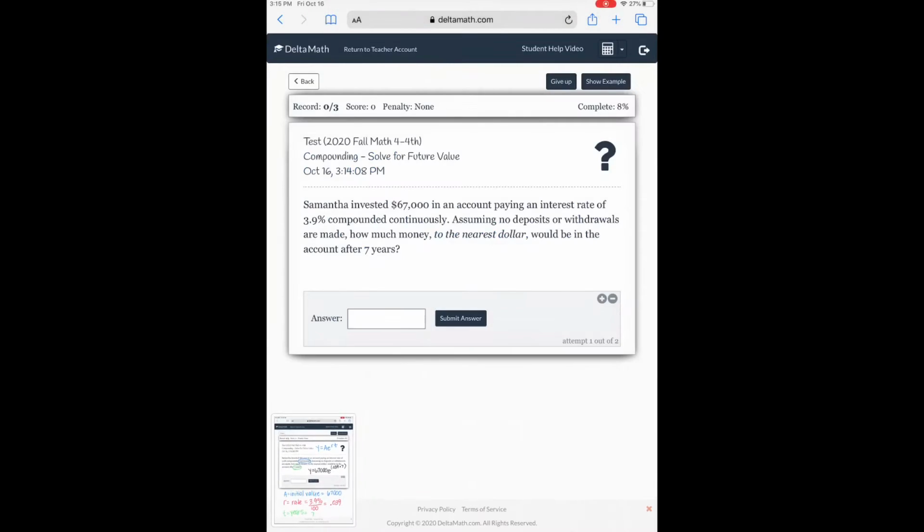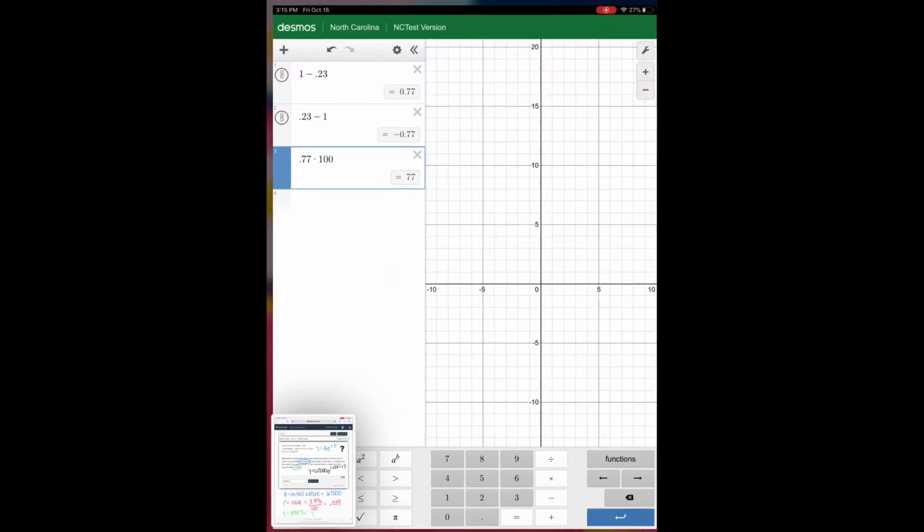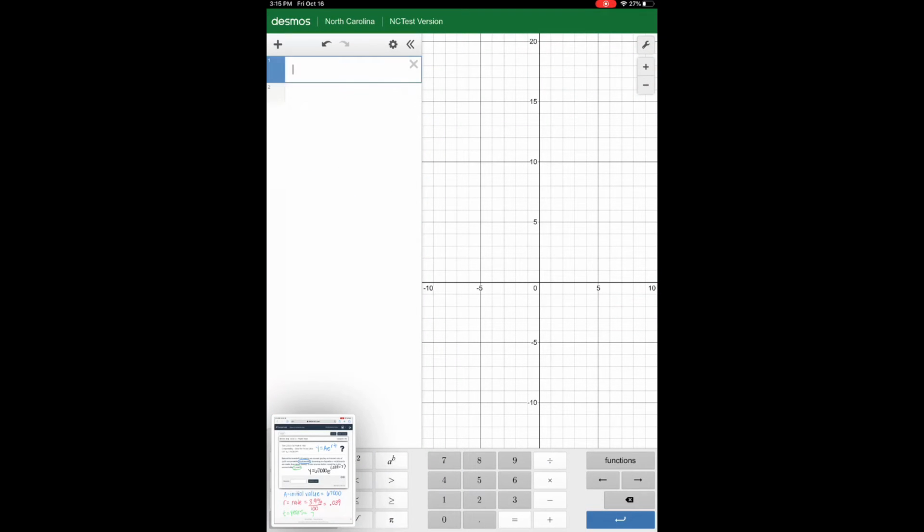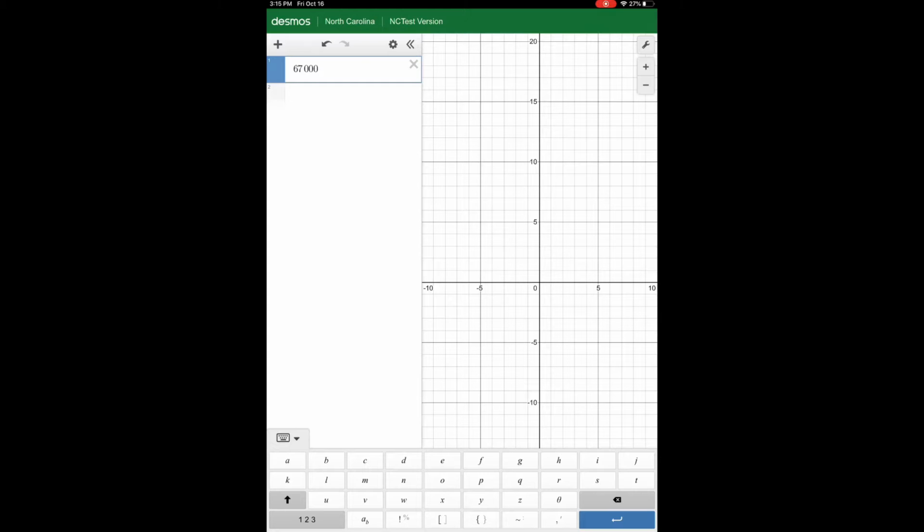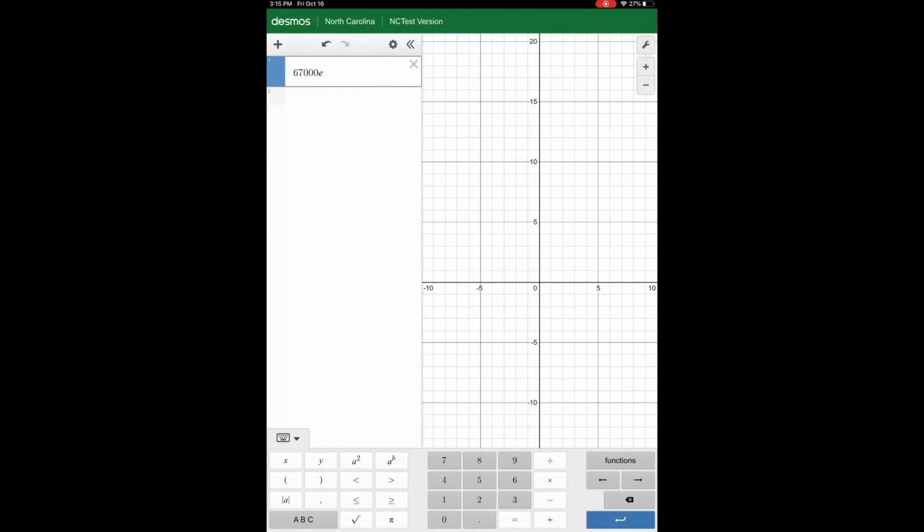And I can plug this right into Desmos. This is not something that I need to calculate by hand. So I have 67,000, and I'm going to type in e, and we raised that to 0.039 times, and I need to put this in parentheses, I forgot about that, in order to make sure it's all in the exponent, and 7 years.